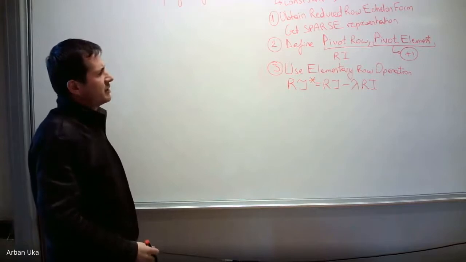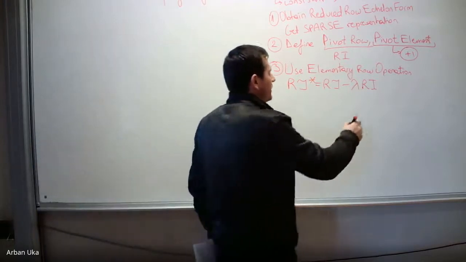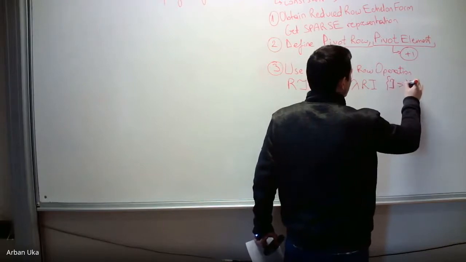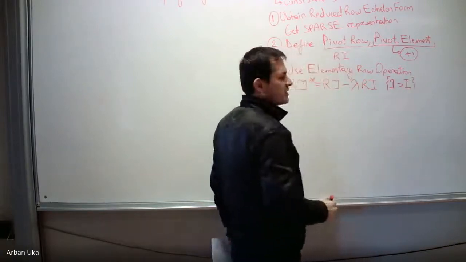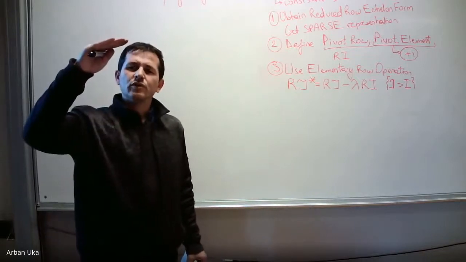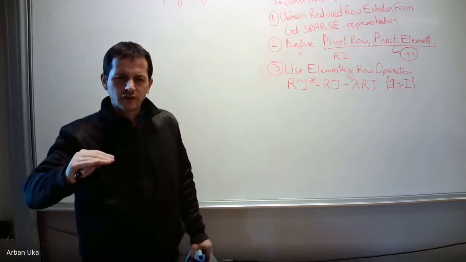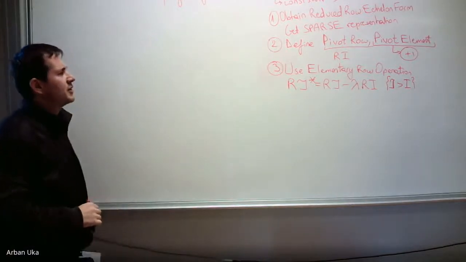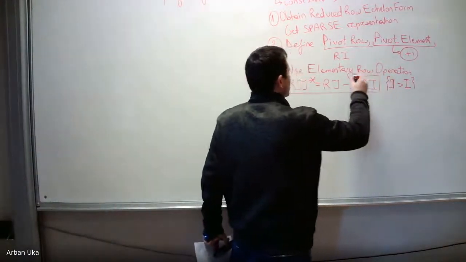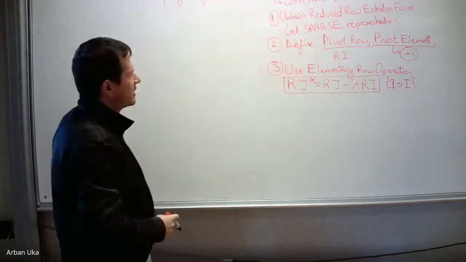And Rj is the row that we want to modify. In this case, j is larger than i, which means that we use as a pivot a row at the top to modify the rows at the bottom. This is the general expression for the elementary row operation, this is how it looks like.